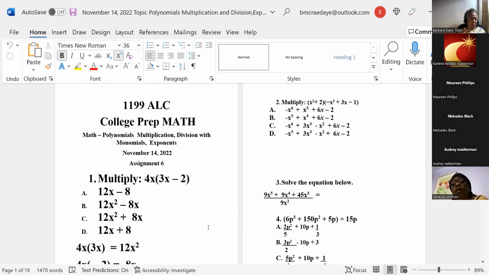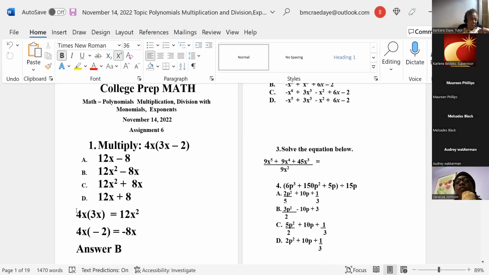Yes. Thank you. Okay, so you're multiplying monomials, right? And you have a monomial 4x times the 3x minus 2. Now, when something's in parentheses, while I was waiting, I just went ahead and broke it up. You multiply the 4x by the 3x, and you multiply the 4x by the minus 2.